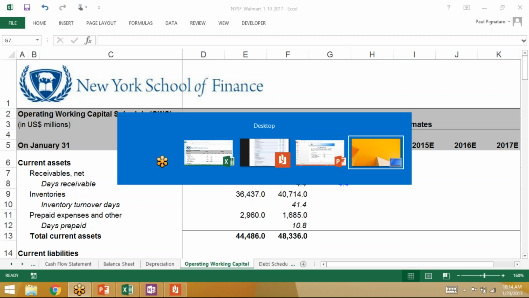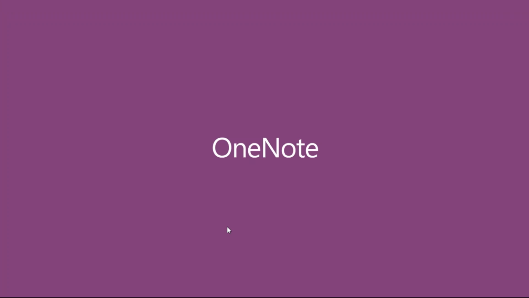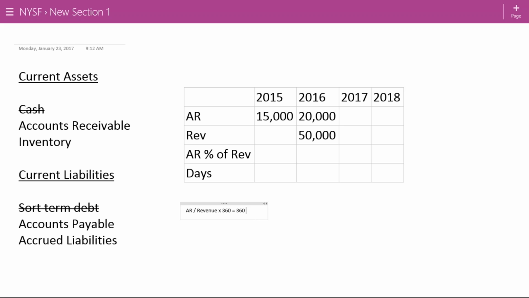If you remember, the formula is AR, for example, divided by revenue times 360 equals days. That's the formula to calculate days.